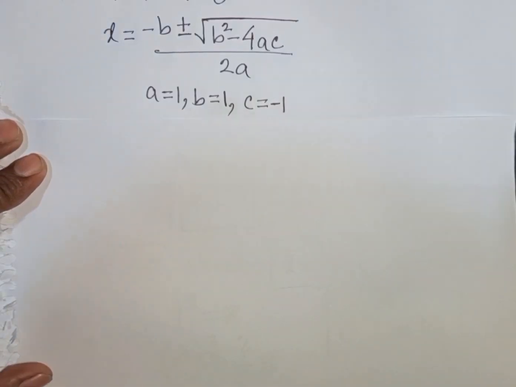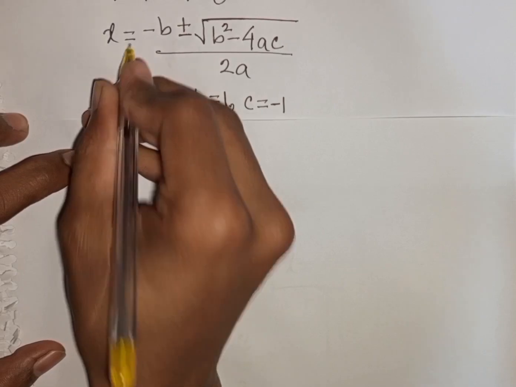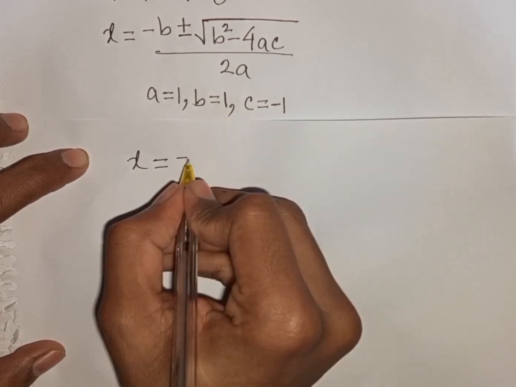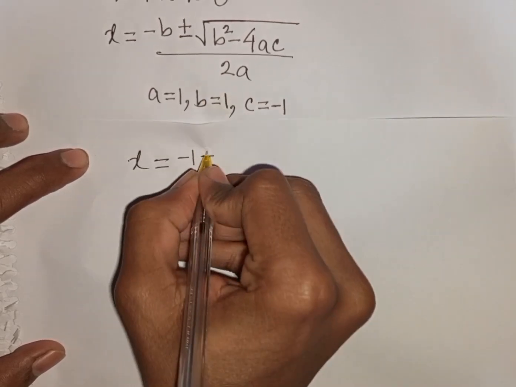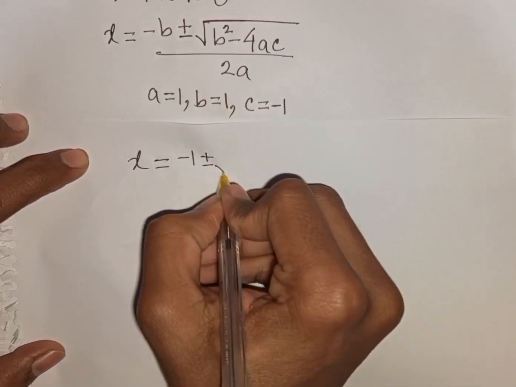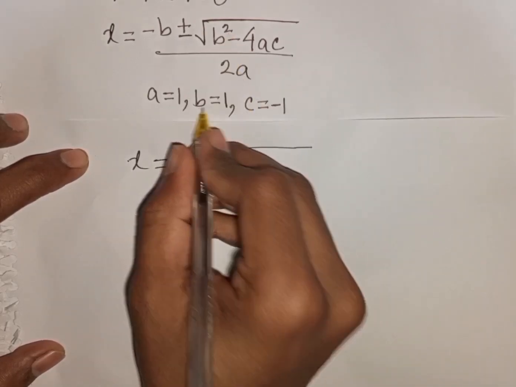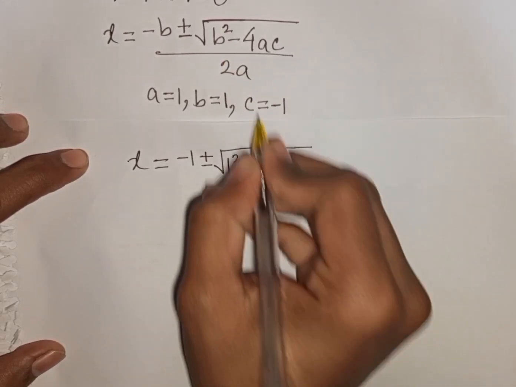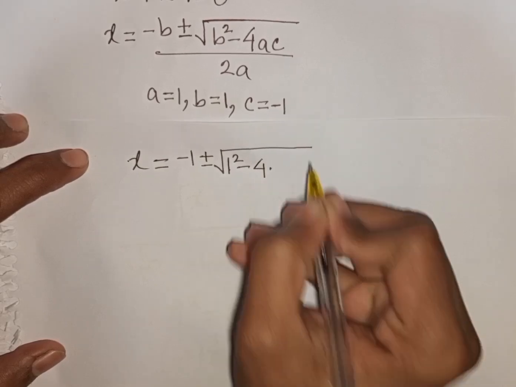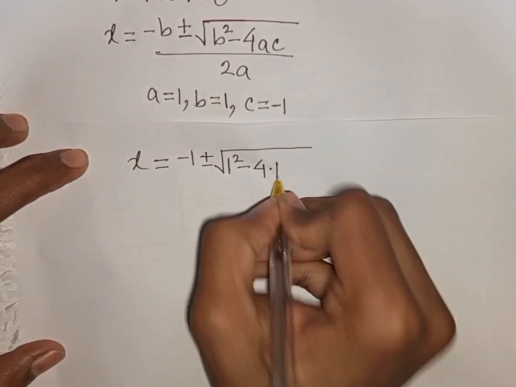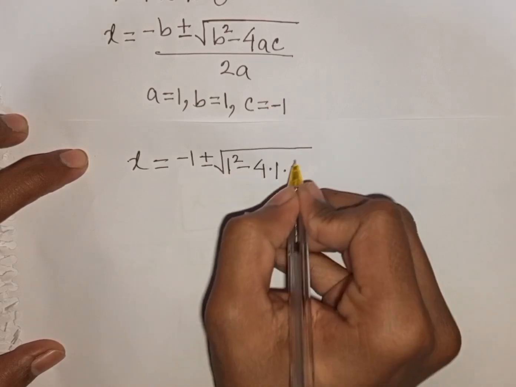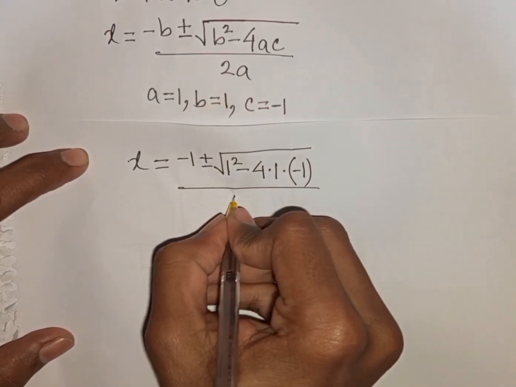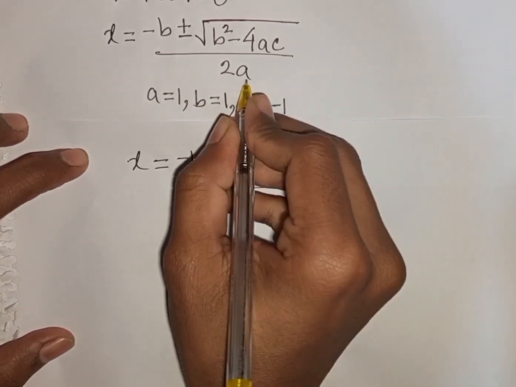Now we can write x equal to minus b, that means minus 1, plus or minus square root of b^2, that means 1^2, minus 4 times a, that means 1, times c, that means negative 1, divided by 2 times a, that means 1.